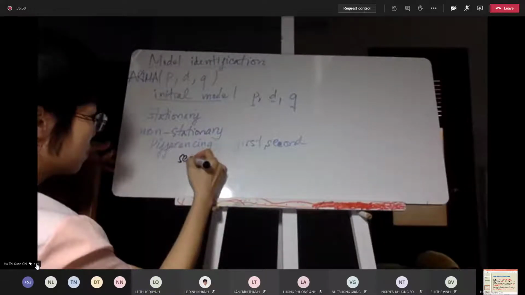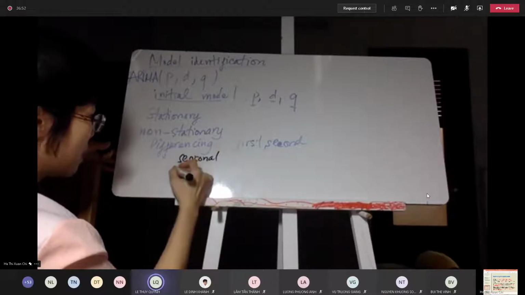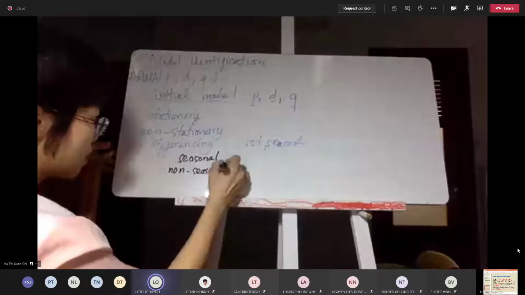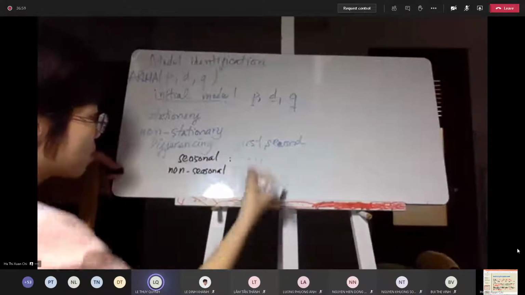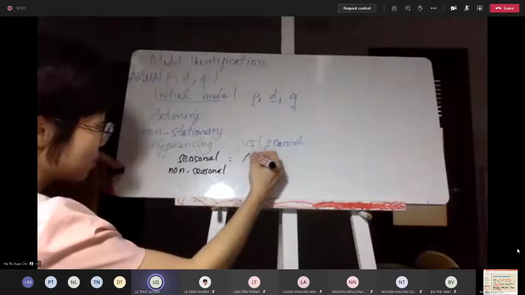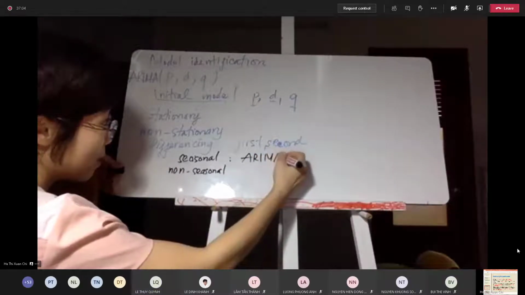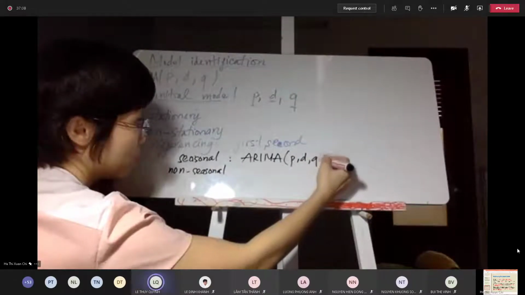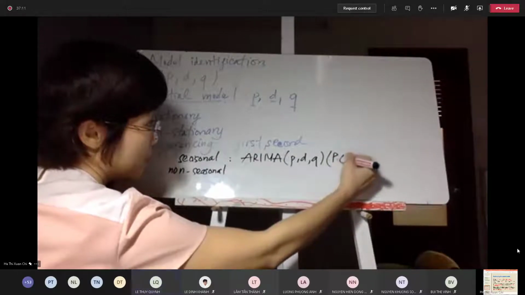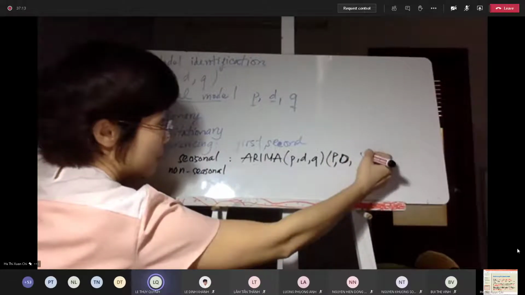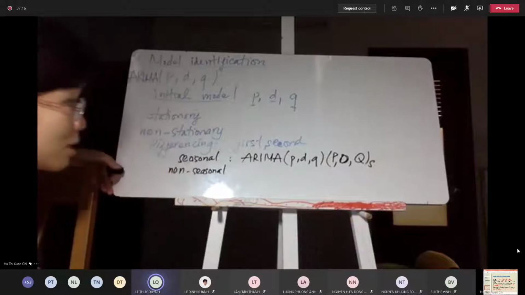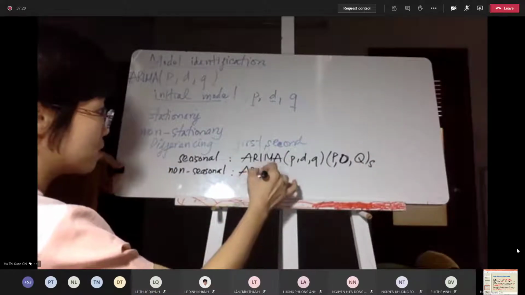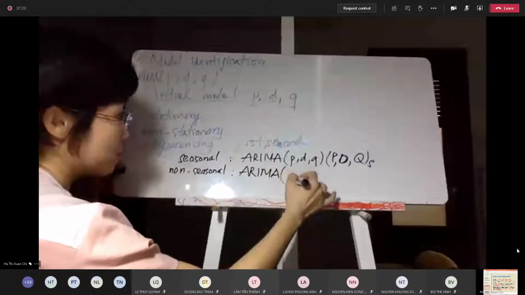For seasonal, we consider the SARIMA model, which looks like that, P, D, Q, and S, that's seasonal. For non-seasonal, it's just like that.